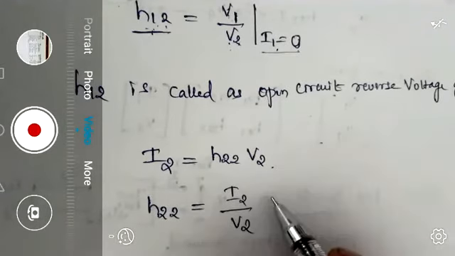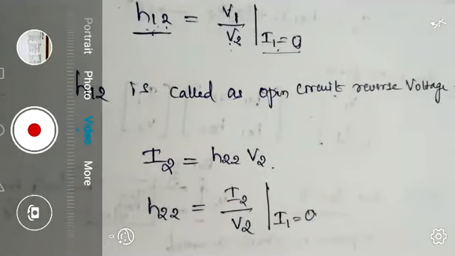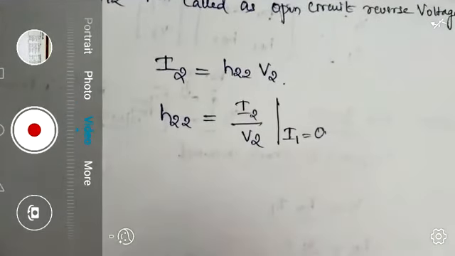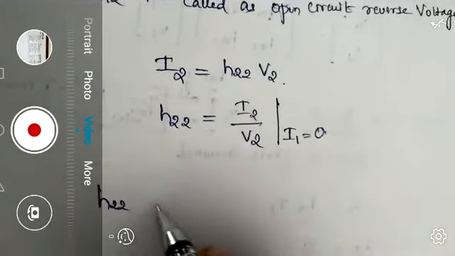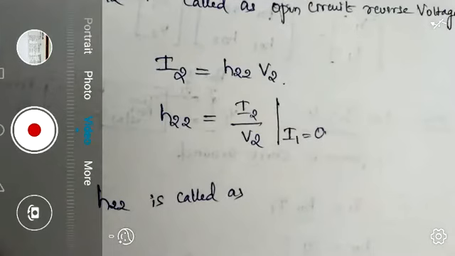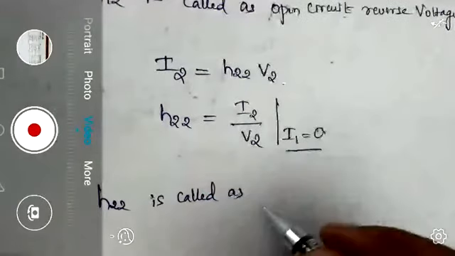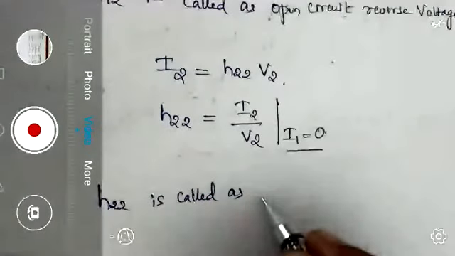This is because I1 equal to 0. Now let us define the parameter H22. We got this parameter H22 because of I1 equal to 0, which means it is open circuit. Am I correct? Open circuit.